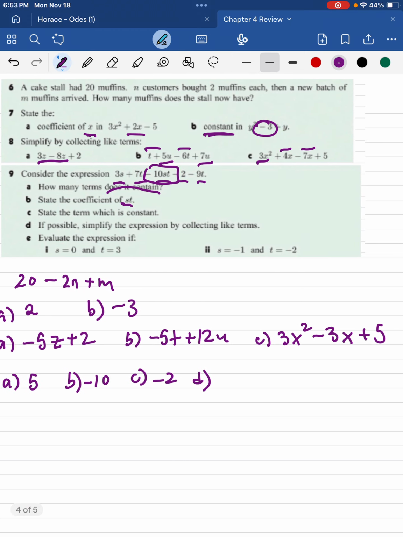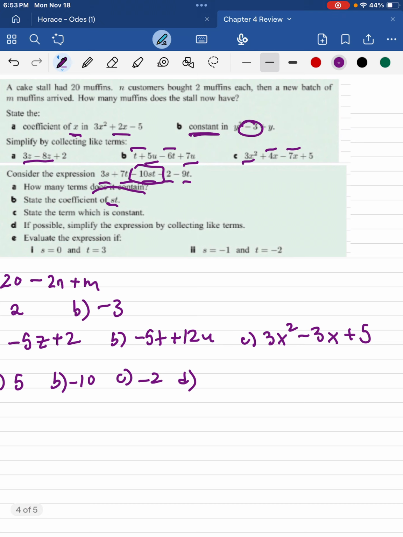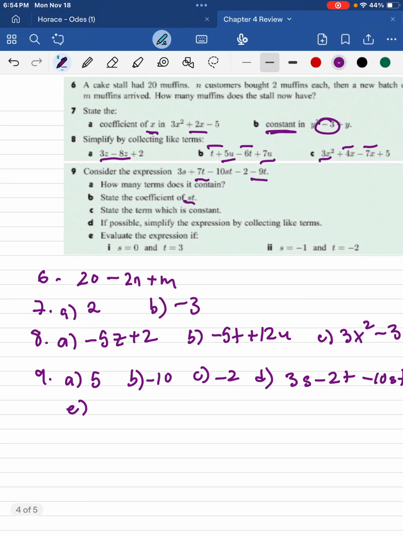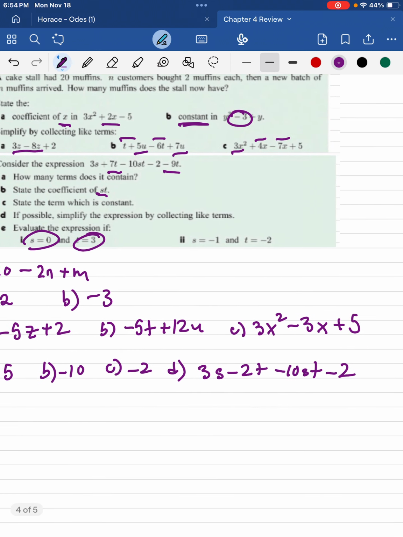If possible, simplify the expression by collecting like terms. Well, the only two like terms are going to be 7t and negative 9t. So we have 3s minus 2t minus 10st minus 2. Then we evaluate the expression if s equals 0, t equals 3.